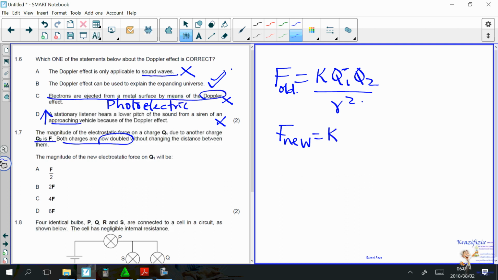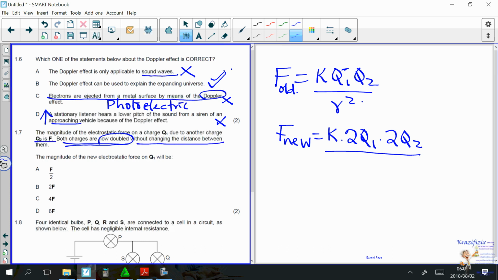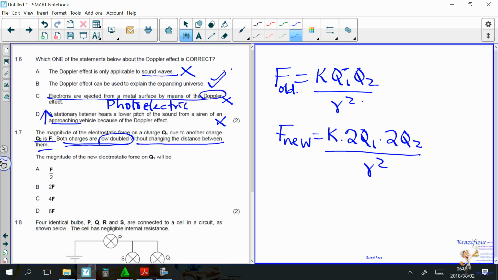Remember my Q1 is now doubled. I'm going to have 2Q1. Both charges are doubled. I'm going to have 2Q2, without changing the distance between them, my r squared. Let's solve this. 2 multiplied by 2 would give me 4kQ1Q2 over r squared.